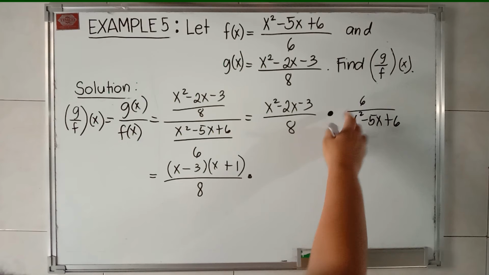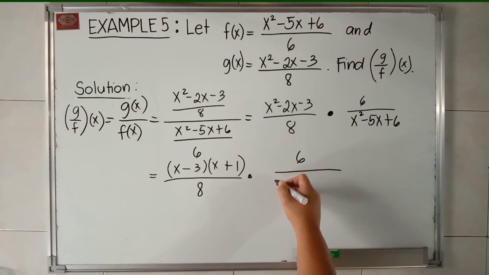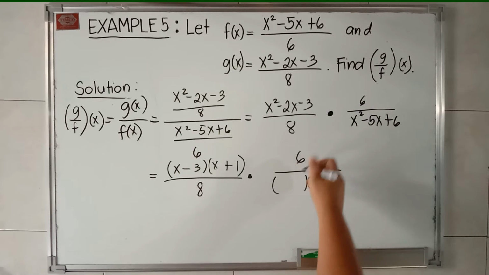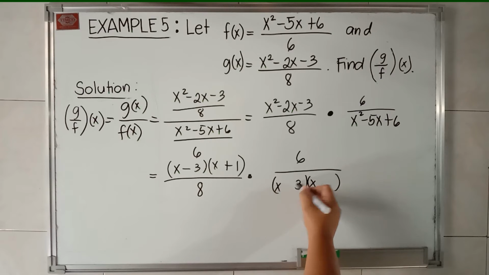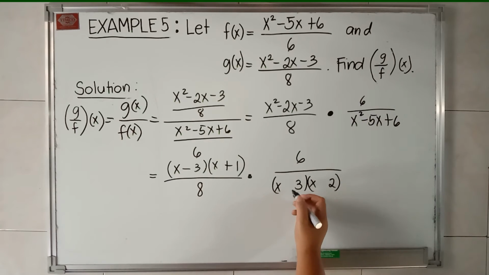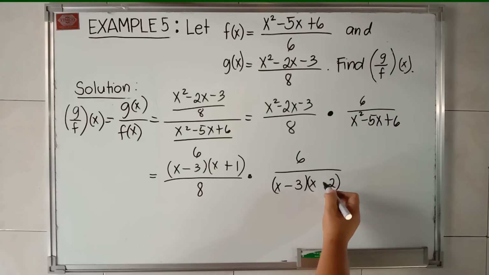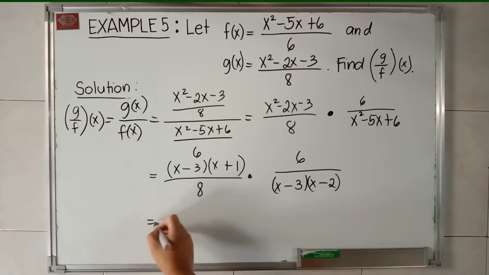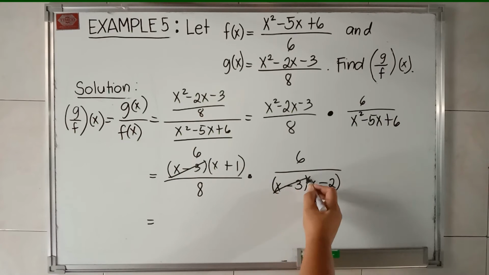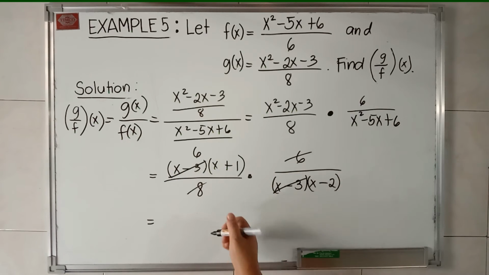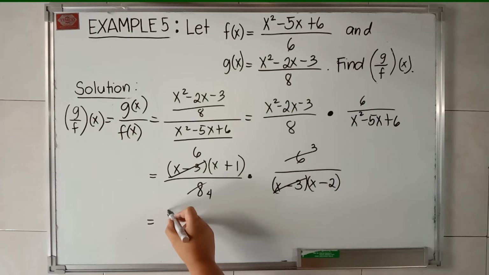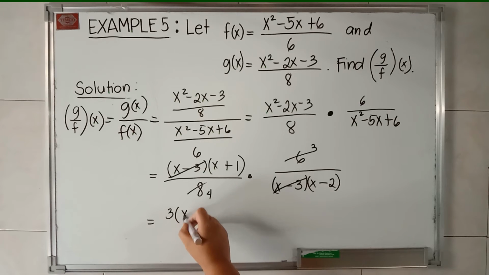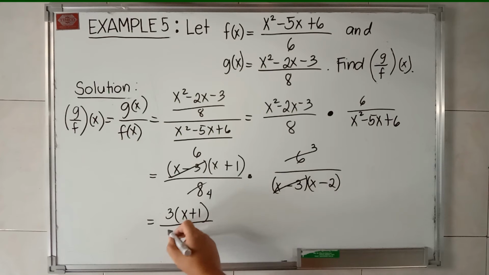And the factors of, so let's rewrite 6 first over, so factor x squared minus 5x plus 6, we have the square root of x squared is x, and the factors of 6 is 3 and 2, and we consider the sign negative, so we have negative and negative. So we can cancel x minus 3 and x minus 3. We can reduce 8 and 6 by 2. So 8 becomes 4 and 6 becomes 3. So 3 times x plus 1 over 4 times x minus 2.